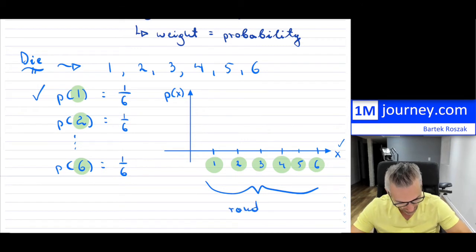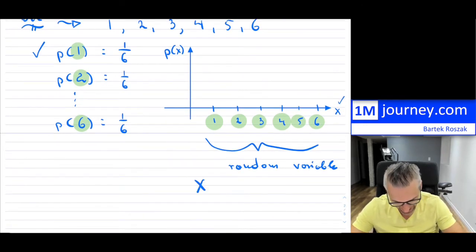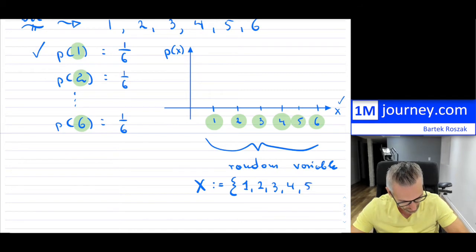So within here we are putting in the results of the random variable. The random variable, this big X, is made up of the domain, which is 1, 2, 3, 4, 5, and 6. If you were thinking of a domain, one element we designate with a small x, and it could be any of these.